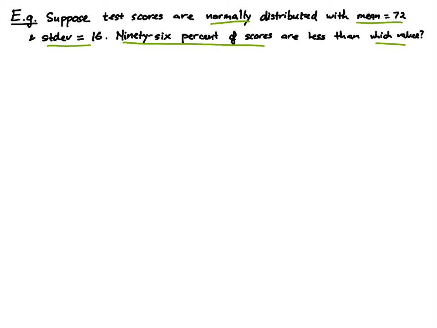So let me begin by, again, letting X denote test scores. So X is a normal variable with the mean of 72 and a standard deviation of 16.